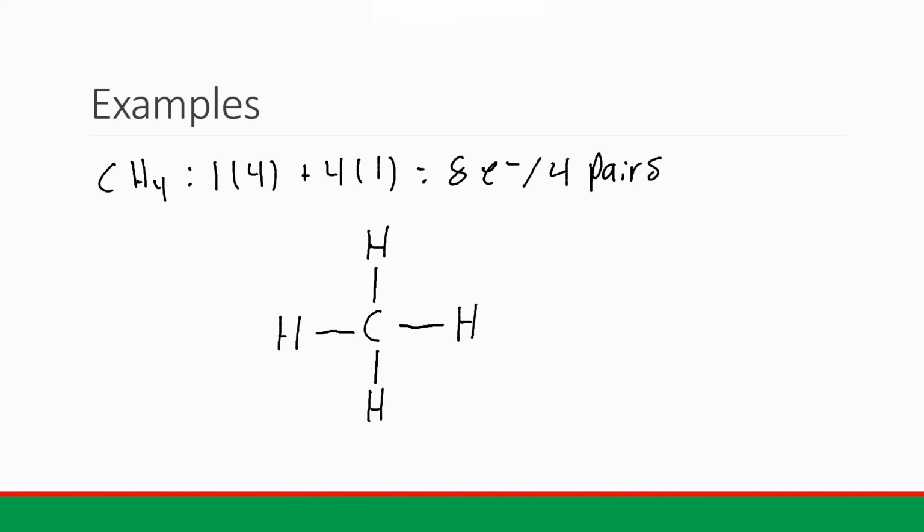So now I just need to check to see if the octet rule is being followed for carbon, and if the duet rule is being followed for hydrogen. To start off with the hydrogens, each one of these hydrogens is bound to 1 pair of electrons. Now remember that these electrons are being shared.